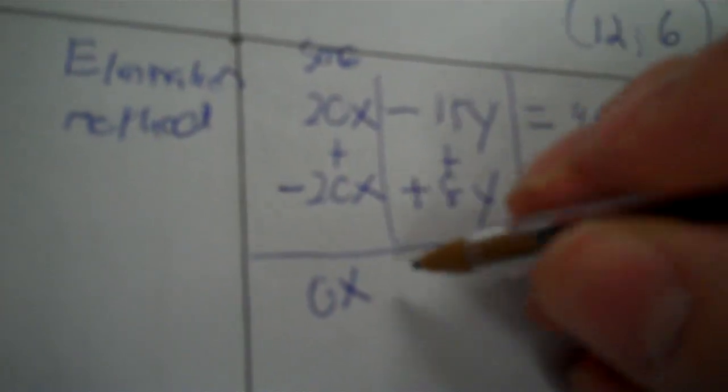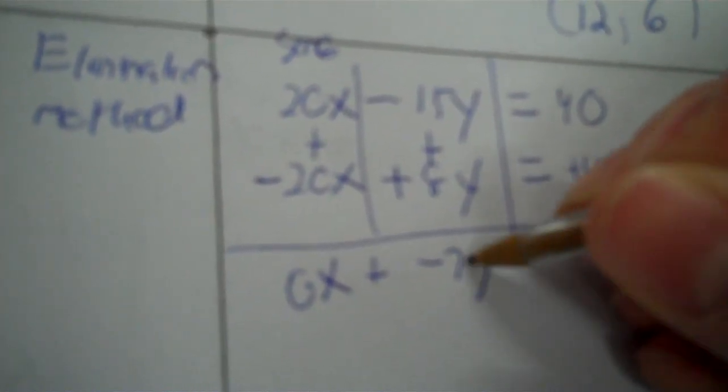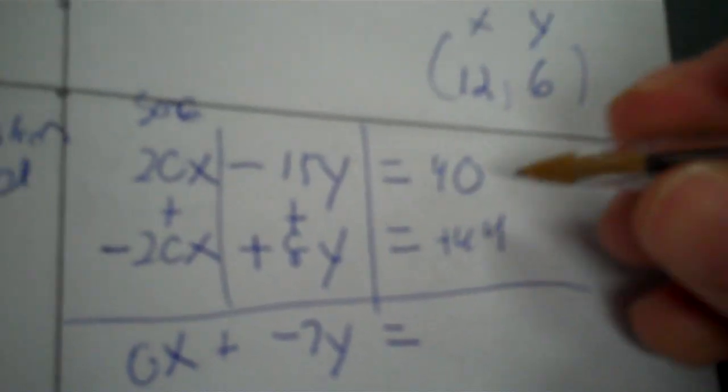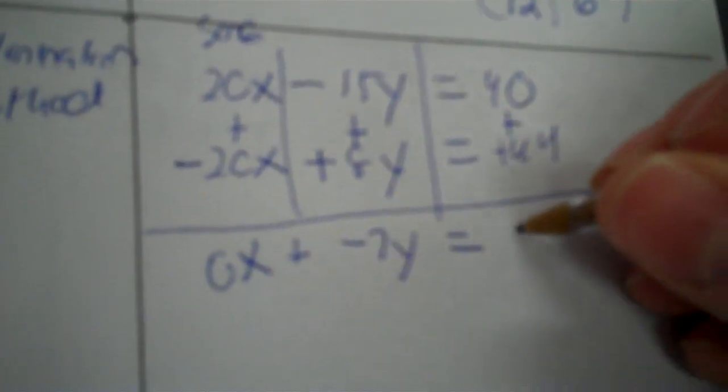Then negative 15 plus 8 is negative 7. And then 40 plus 44 is 84. Take out the 0x, it's gone. Now you can solve for y. So you divide each side by negative 7. And 84 divided by negative 7 is negative 12. So y is negative 12.